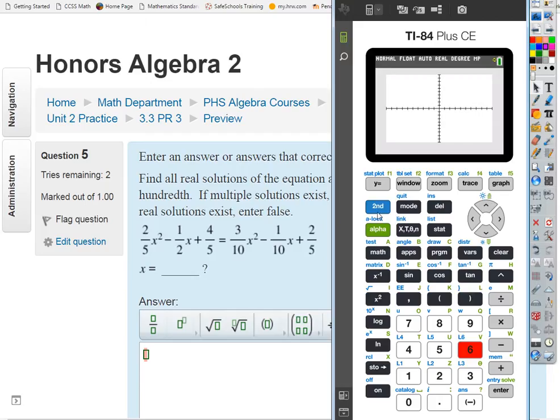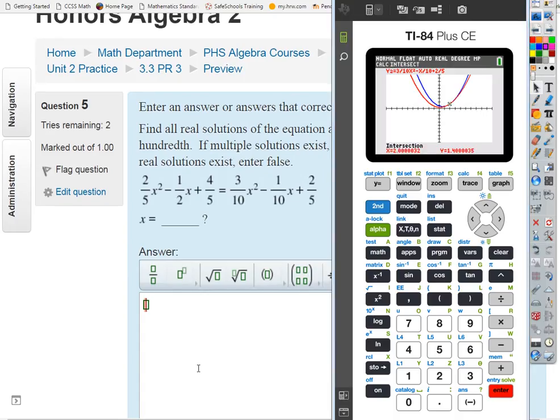So let's try to find this intersection. Second calc, intersect, option 5. First curve, second curve, and let's just make this our guess. It's telling us that we get one at x equals about 2, y equals about 1.4. So there's one solution. Now let's try the same thing, only let's scoot up to the right and see if it finds one a little further to the right.